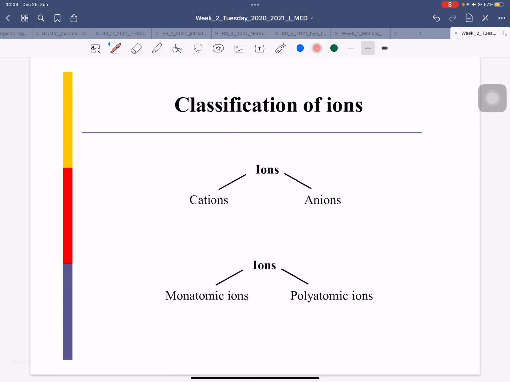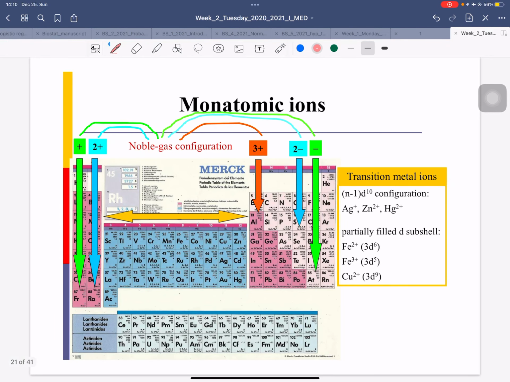Again, what I mentioned, classification of ions. Ions can be anion and cation. Both of them can be polyatomic and monoatomic. Usually the monoatomic cations are from group 1, alkali metals, and group 2, alkaline earths.